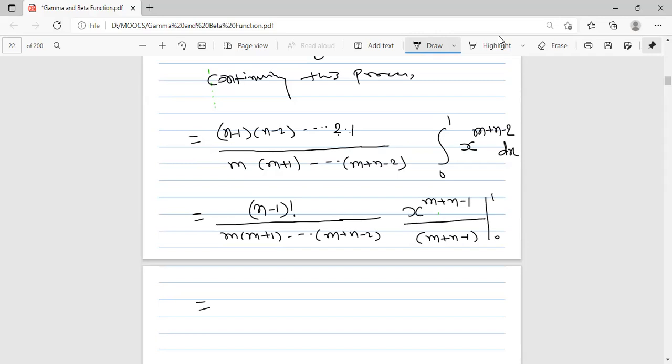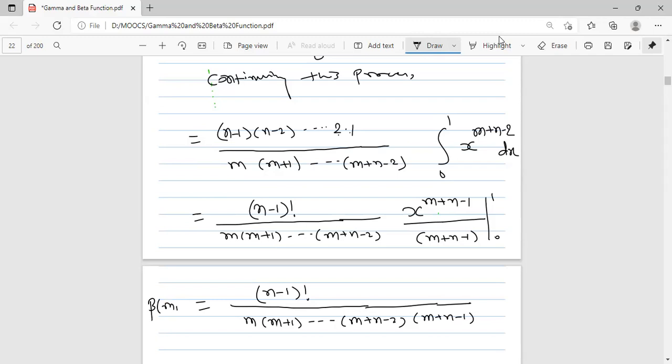Therefore, we are getting this term as n minus 1 factorial whole divided by m into m plus 1, and so on, this is m plus n minus 2, and the remaining term is m plus n minus 1 only, because the upper limit is there, lower limit is 0. This is your beta mn.